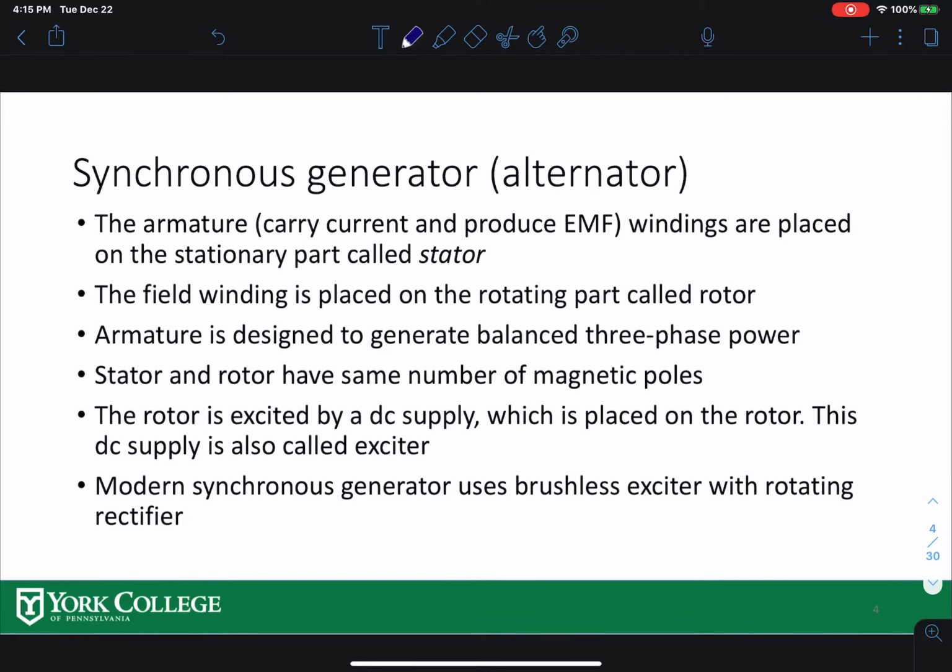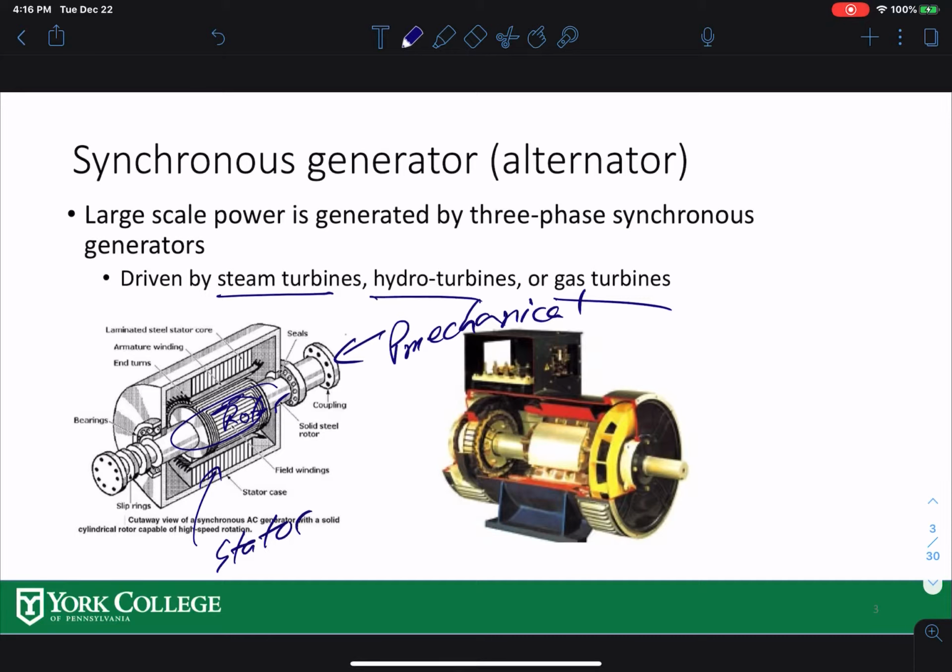So if I go back here for a second, you can see these slots over here. These slots are all current carrying conductors. These current carrying conductors get the DC current from the shaft. There is an arrangement, I will show you that later. So DC current comes in.